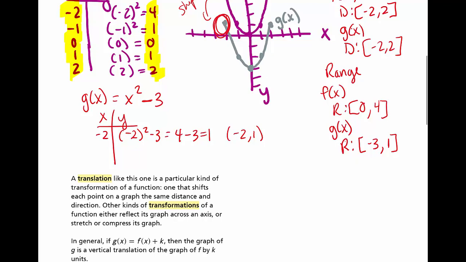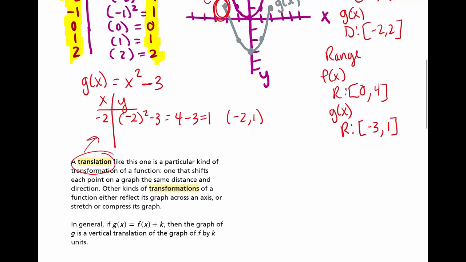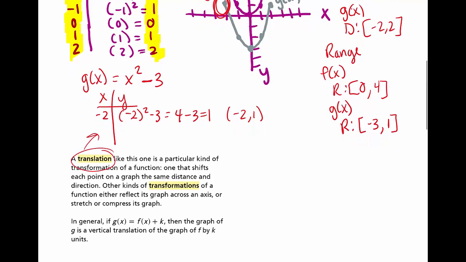So we have multiple different types of transformations, but right now this was an example of a translation. So our vertical translation, meaning that the y values change, means that we take the original function and we add or subtract whatever that transformation is, so that translation up or down.